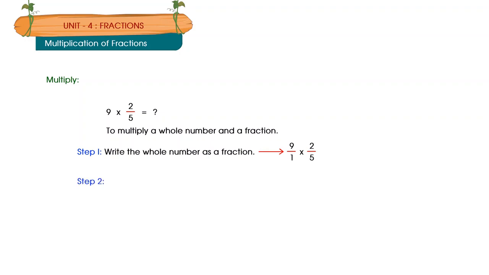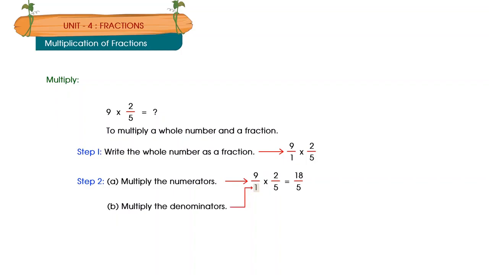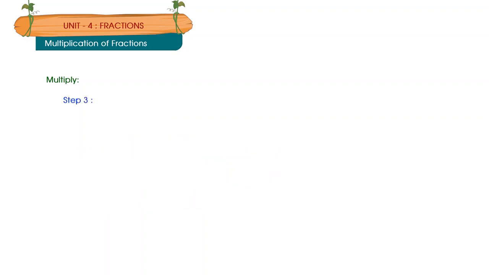Step 2: A. Multiply the numerators. 9 into 2 is equal to 18. B. Multiply the denominators. 1 into 5 is equal to 5. So 18/5. Step 3: Simplify. 18/5 is equal to 3 3/5.